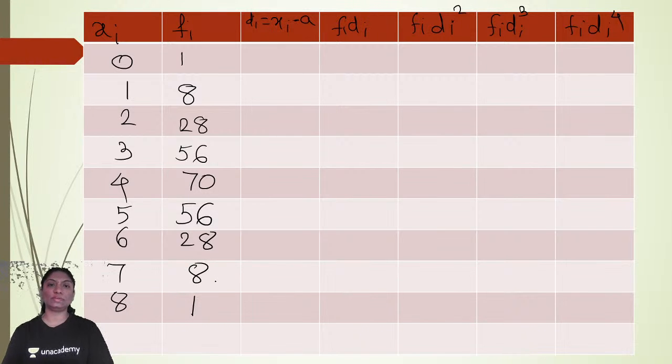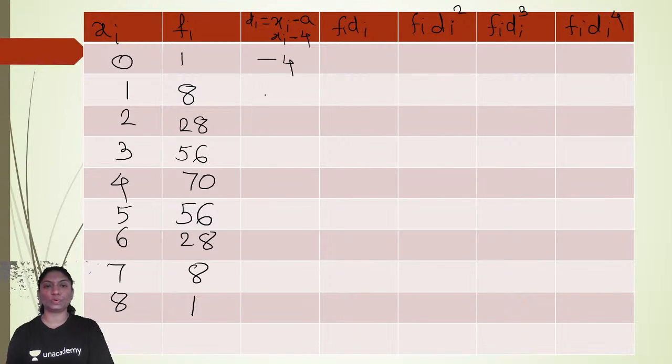Here di is equal to xi minus a. We can choose a from any one of these. Now how many values are given? 1, 2, 3, 4, 5, 6, 7, 8, 9. So the fifth value is the middle value. So 4 is the middle value. We can take the value of a as 4. So every data is deviated from 4.